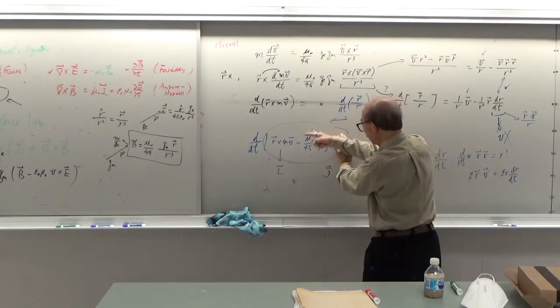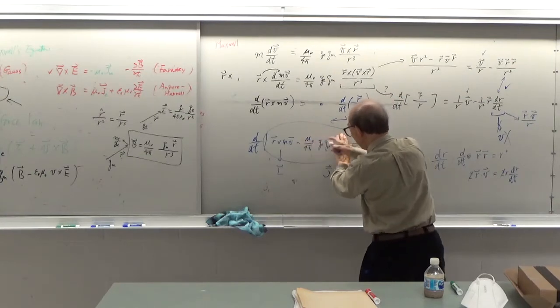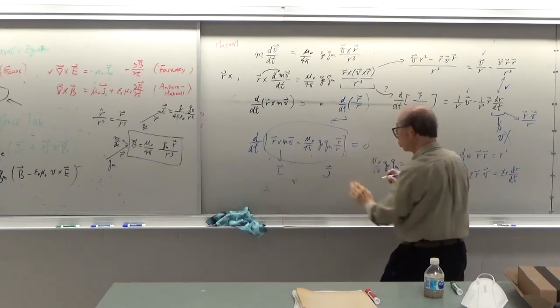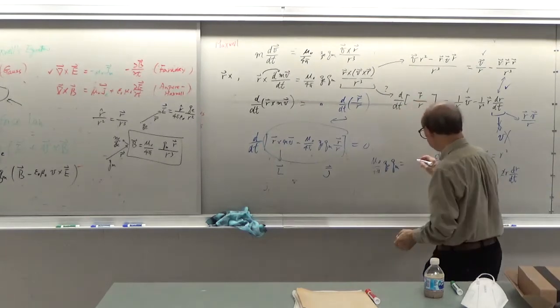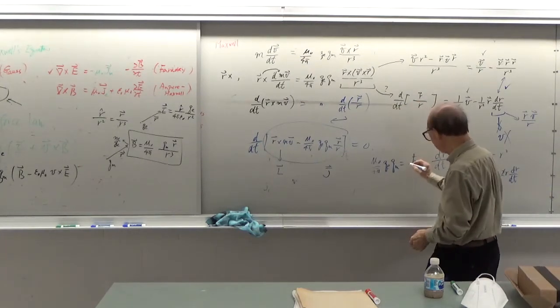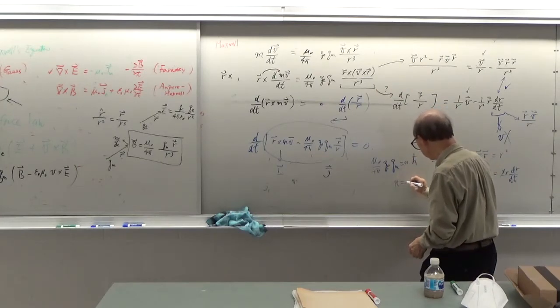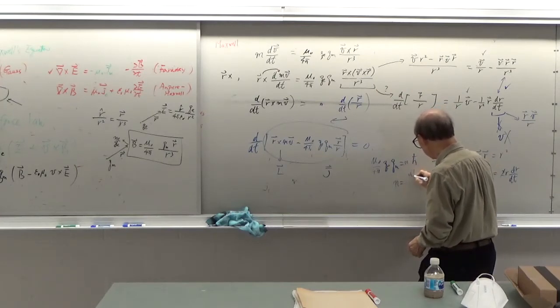Aside from the minus sign, mu naught over 4 pi q_e q_m has to take on multiples of h bar. Let me call this n, where n is an integer or half integer.